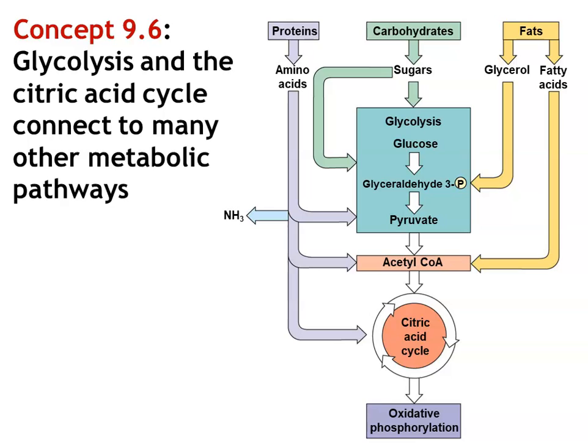You can take glycerol and feed it into one of the intermediates before you get to pyruvate, and you can take fatty acids and feed them into acetyl-CoA, and you can take those amino acids and feed those also into acetyl-CoA as well as the citric acid cycle. So there's lots of ways to take the macromolecules that organisms ingest and feed them into this metabolic pathway.